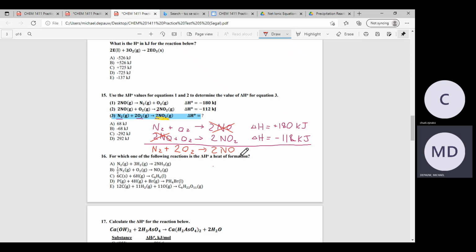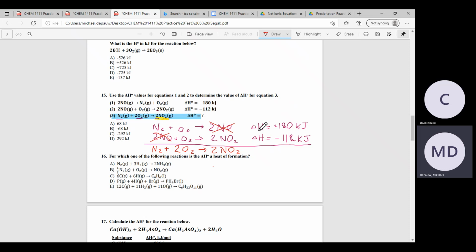Now, is that the overall equation I'm looking for? Look at equation 3. That's what I'm looking for. Aren't they the same? Yes, they're the same. So since they add together to give this, when I add those 2 together, it gives me the overall equation I'm looking for.